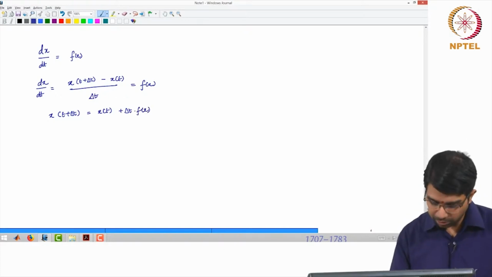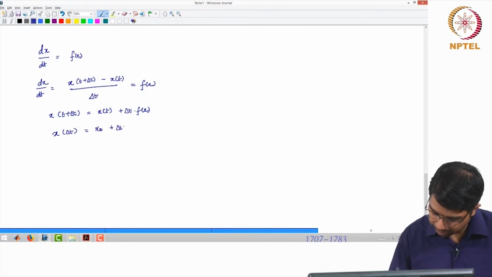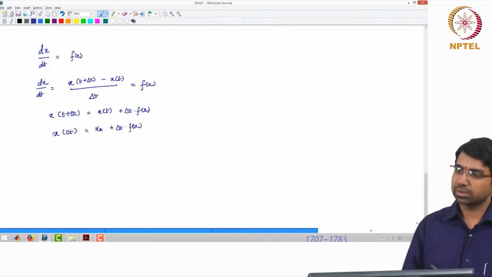If t equals 0, x of delta t is x naught plus delta t f of x.